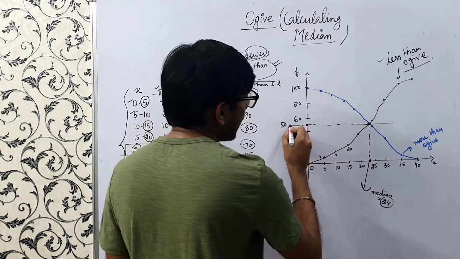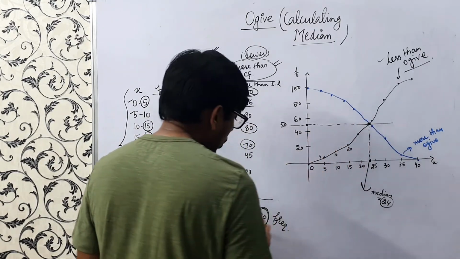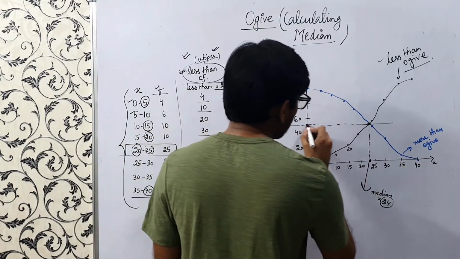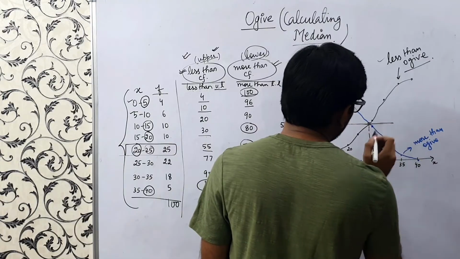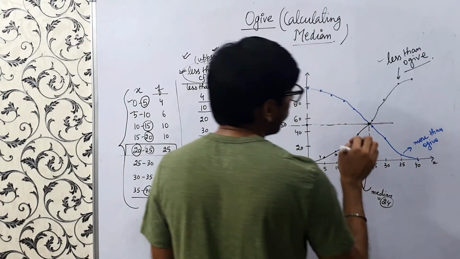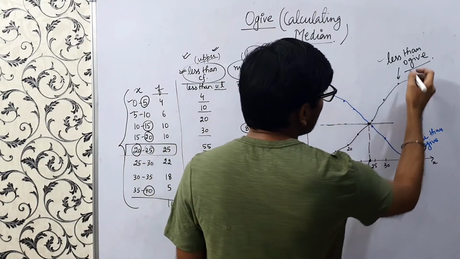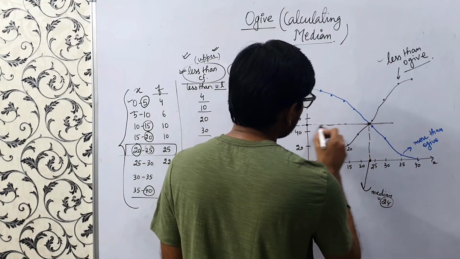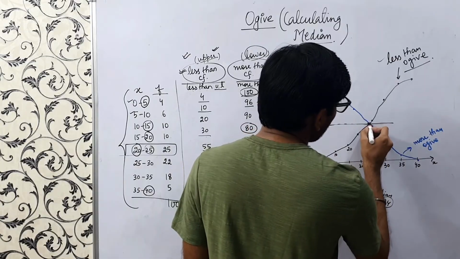So I'll take this 50 because I know at this point our median would lie. I'll draw this line and take where this line is cutting this less than ogive. Similarly for more than ogive, I'll take where this 50th line is cutting.